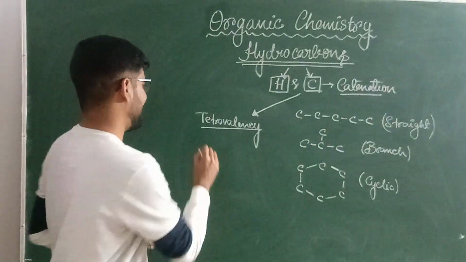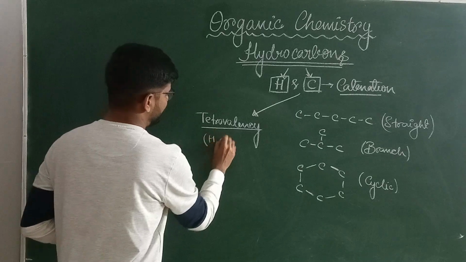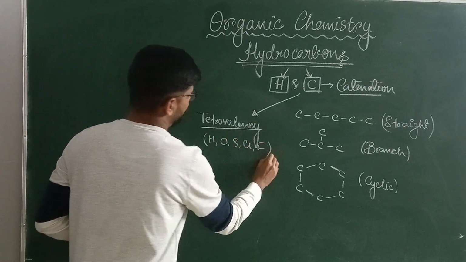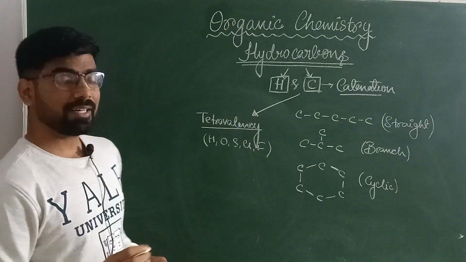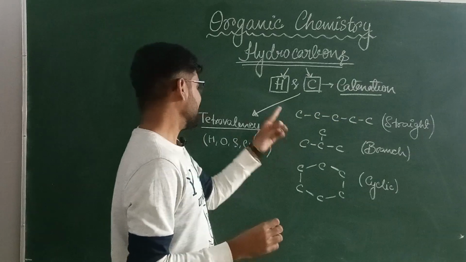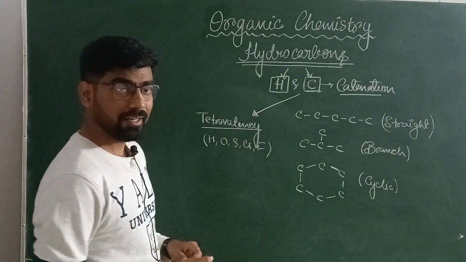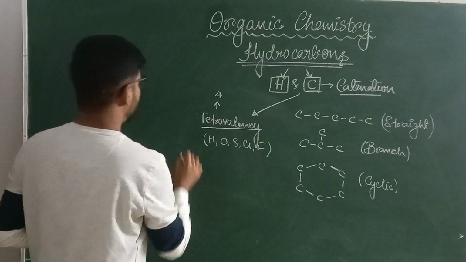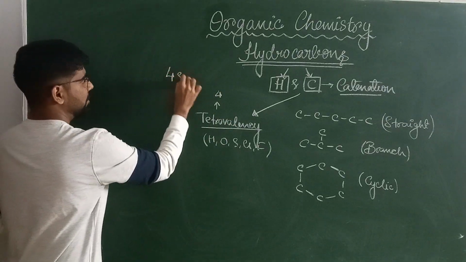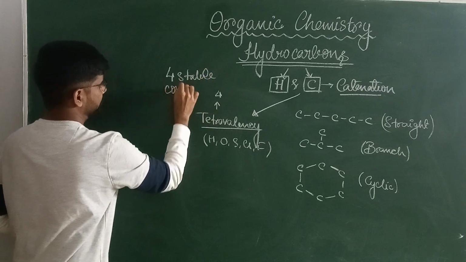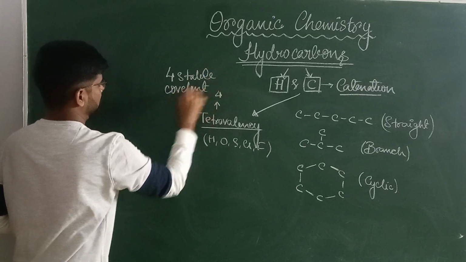The other elements can be hydrogen, oxygen, sulfur, chlorine, fluorine, so on and so forth. So the two properties that we have studied are catenation, and the second one is tetravalency. Tetra means 4. So carbon can form 4 stable covalent bonds.